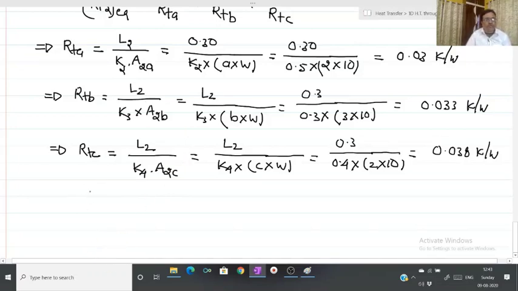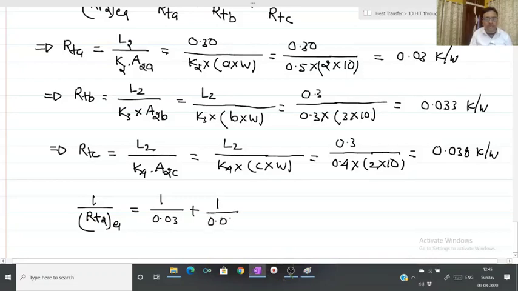So for the equivalent thermal resistance, 1 over RT2 equivalent will be 1 upon RT2A, that is 0.03 Kelvin per watt, plus 1 upon RT2B, 0.033 Kelvin per watt, plus 1 over 0.038 Kelvin per watt.